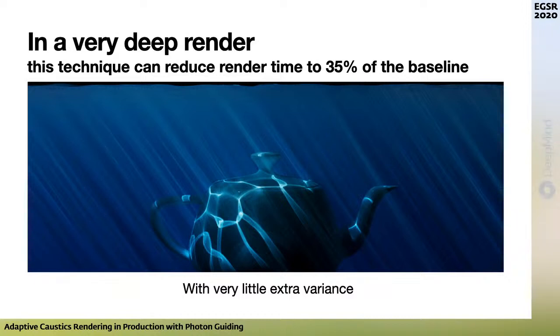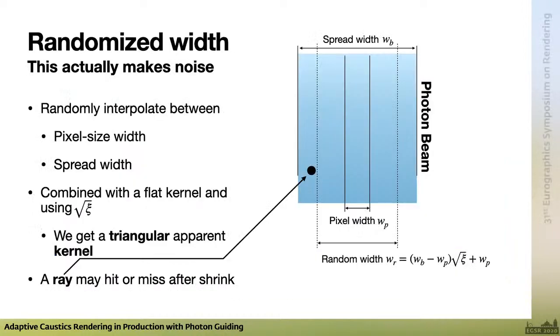It produces very little variance, so it's still not there for us to refine adaptively, because the real source of bias when working with photon beams is the photon beam width. That's the one that comes from the ray spread, the photon spread, right?